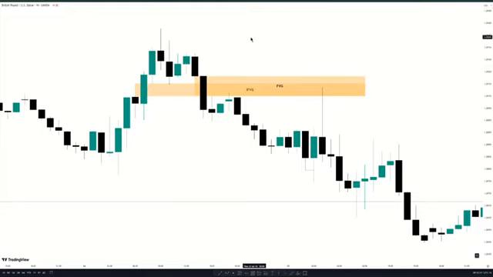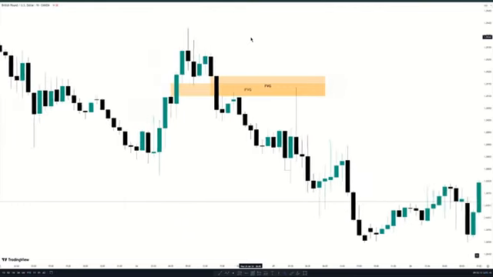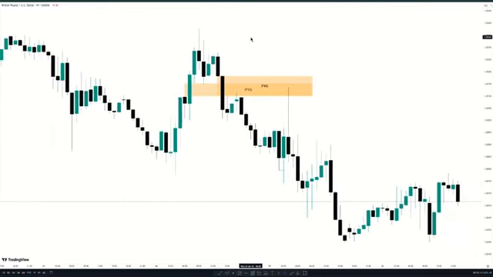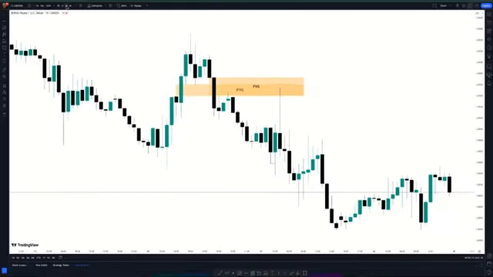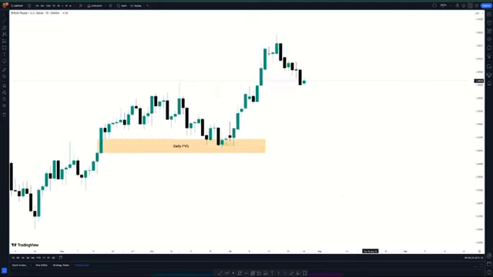And by bias, I mostly mean the daily. You should try to pair it with the daily bias. The daily bias is going to make a lot more difference in your trade.